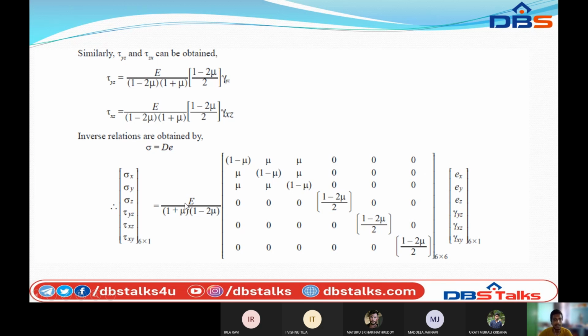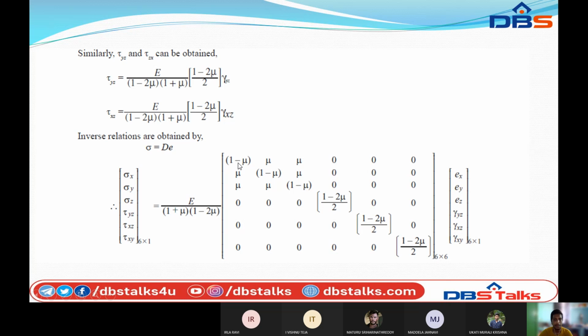For that, I write the x, y, z normal stresses and shear stresses, and in the strains, the normal strains and shear strains. First of all, sigma x.